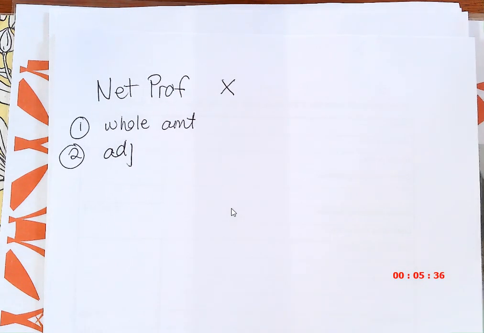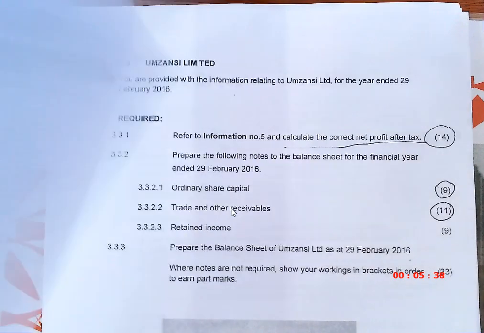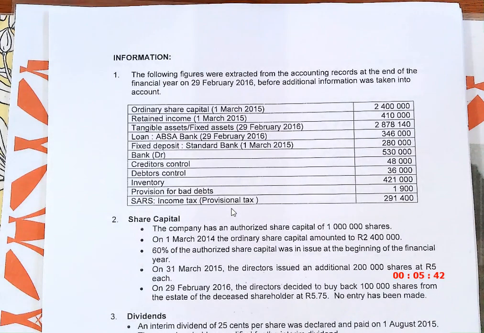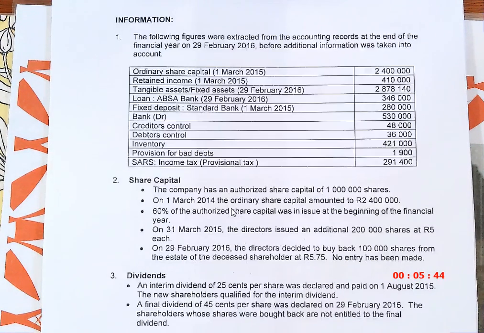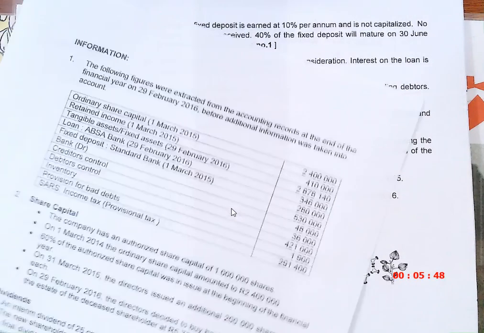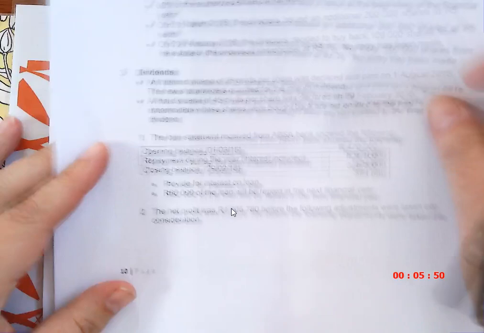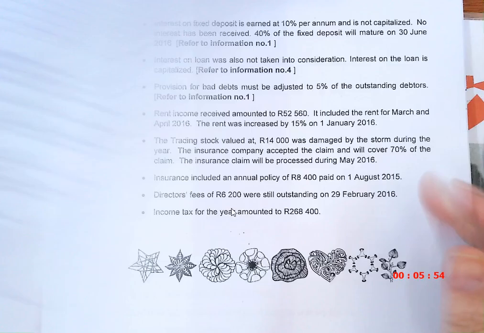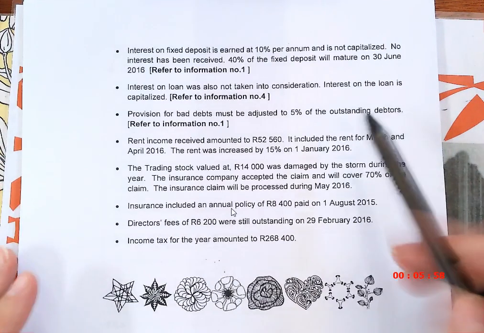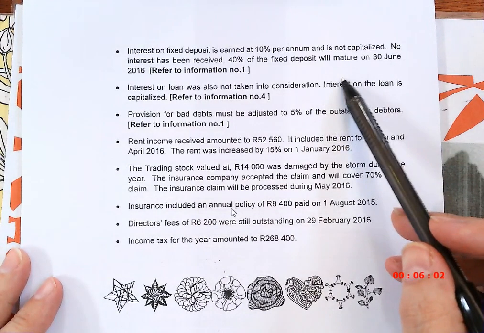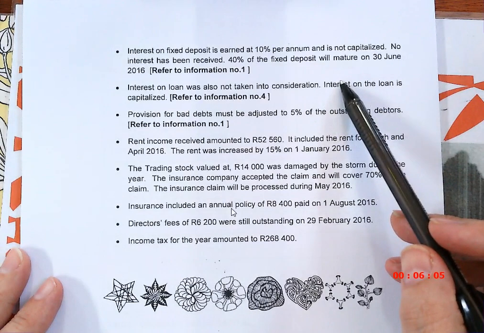So let me just quickly show you something. If I look at the information, can you see they give me the wrong net profit before the following adjustments? Now if I read here, interest on fixed deposit per annum is not capitalized, no interest has been received.